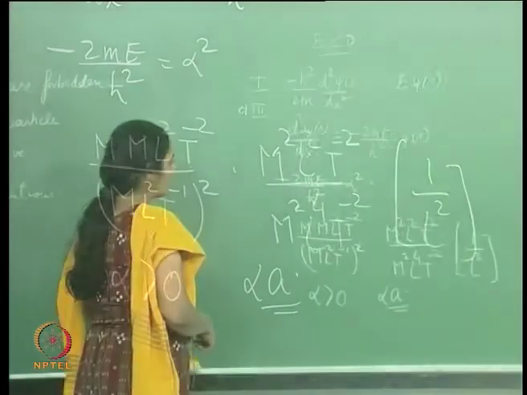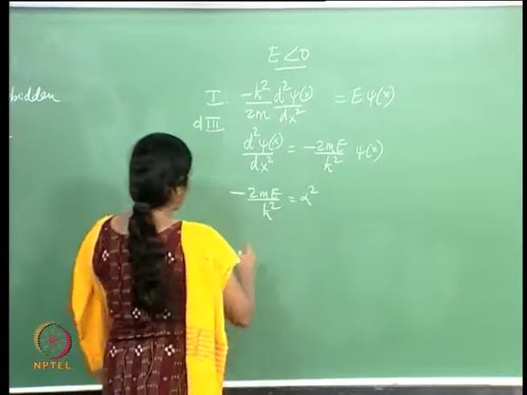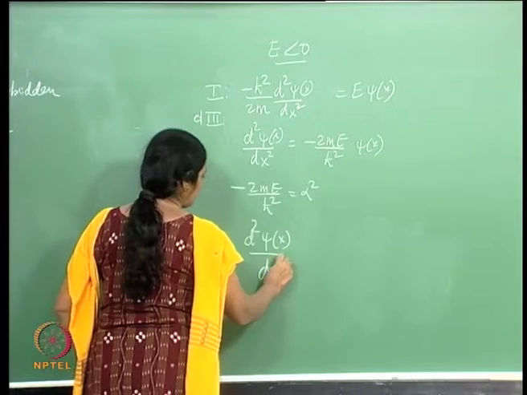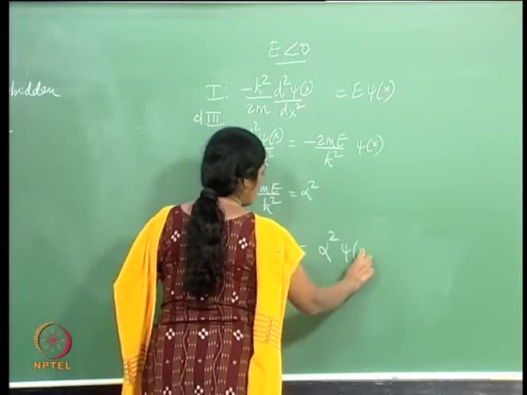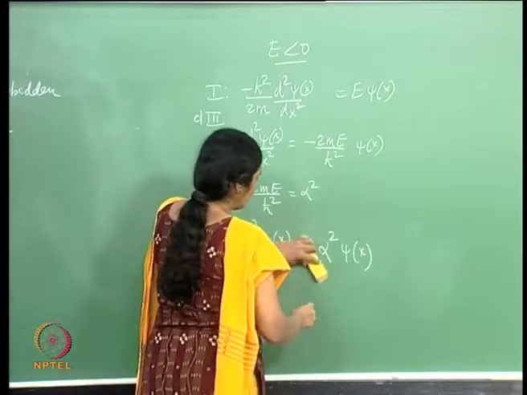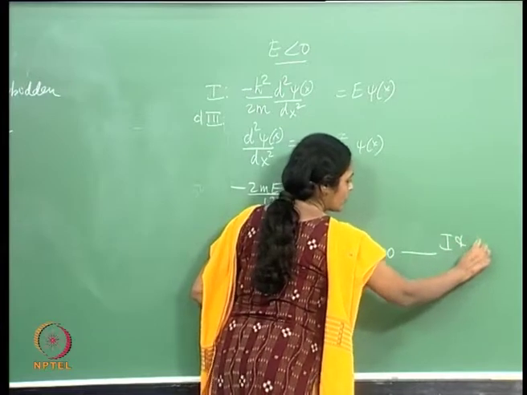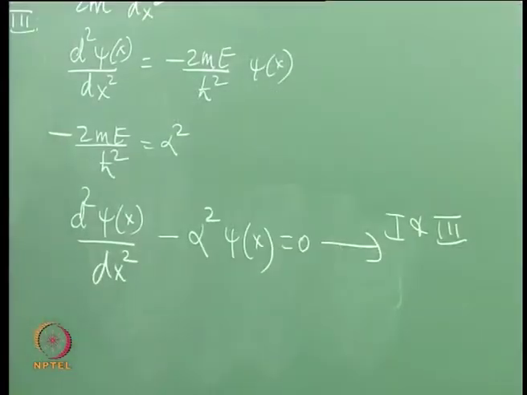I can now go back and write my equation very nicely. d2 psi of x by dx squared is alpha squared psi of x. So taking it to the other side, this is my equation for regions 1 and 3. That's what I have.